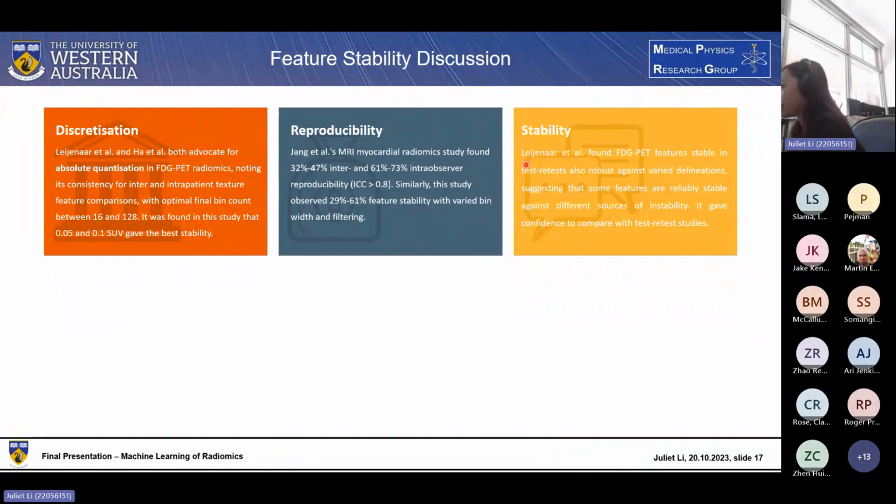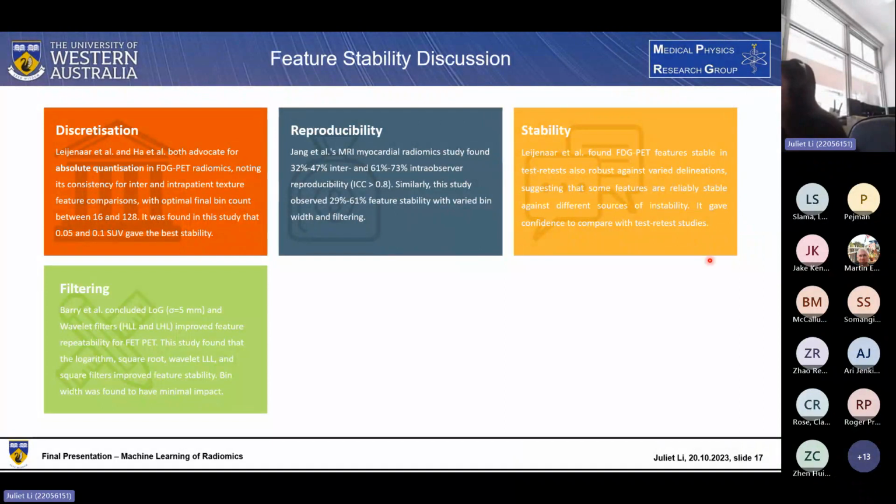It was also found by this person that if a feature is stable in test-retest studies, it's most likely to be stable against reproducibility studies. It gave us confidence to compare our results with the test-retest studies as well.